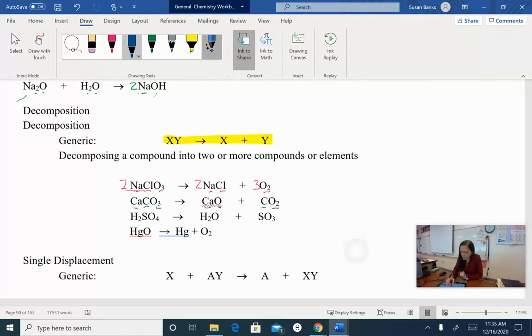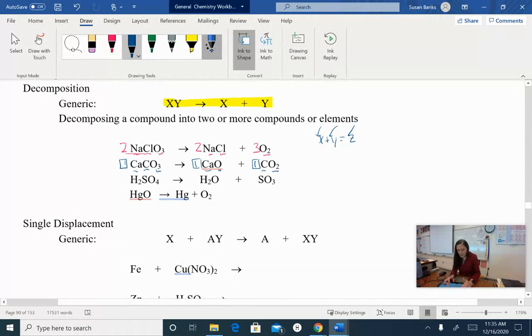Now, remember, even though I don't have any coefficients written here, 1 is implied. Just like if I have x plus y equals z, this implies that I have 1x, 1y, and 1z. Okay? All right.